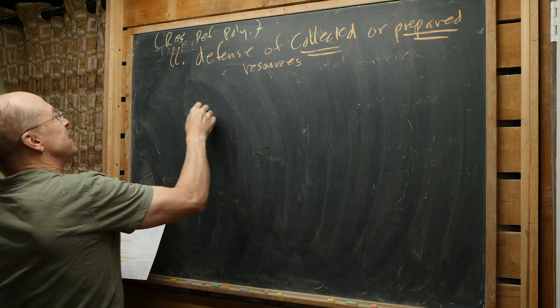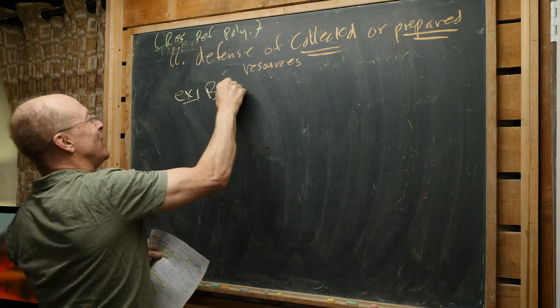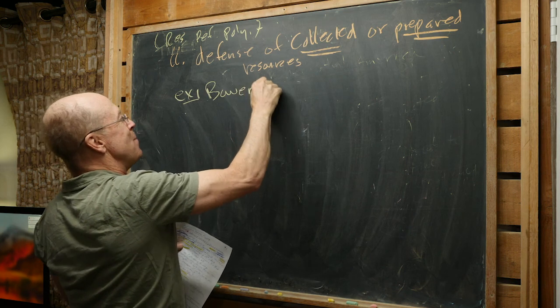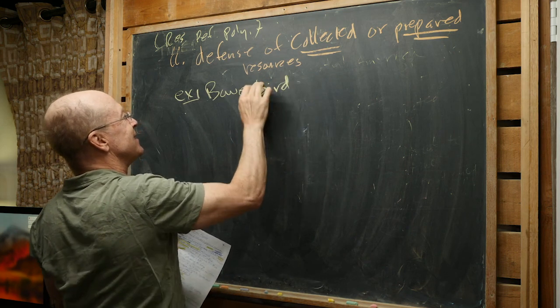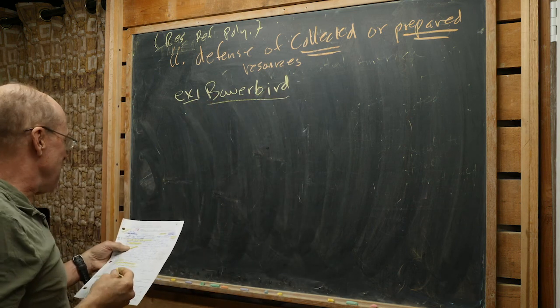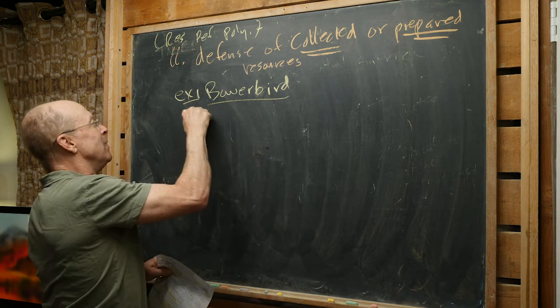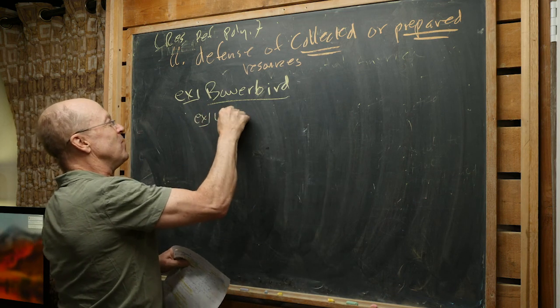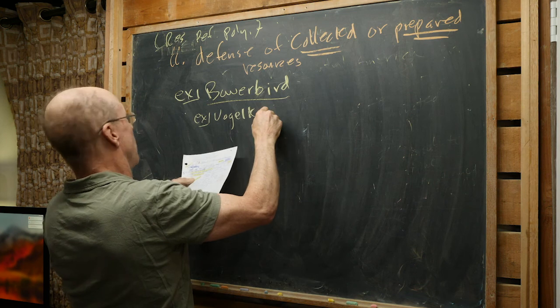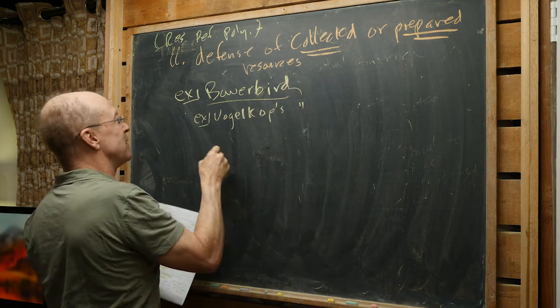So the classic example of this, you guys, is the bowerbird. Oh my, is this exciting. Bowerbird. Let's take a look at an example. So Vogelkop bowerbird is this example.